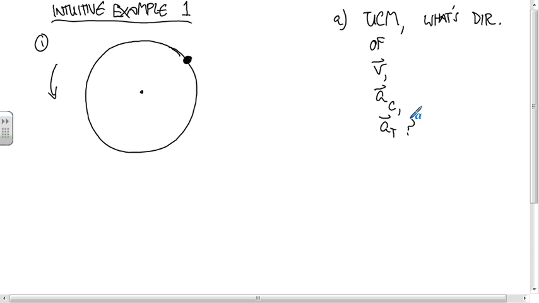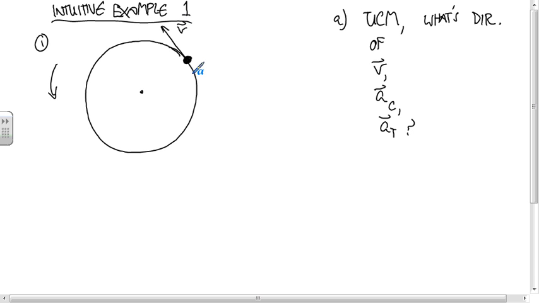Okay, what's the direction of the velocity vector? So it's going this way. We know that it's tangent to the circle. So the velocity is like that. Any questions about that? What's the direction of the centripetal acceleration?